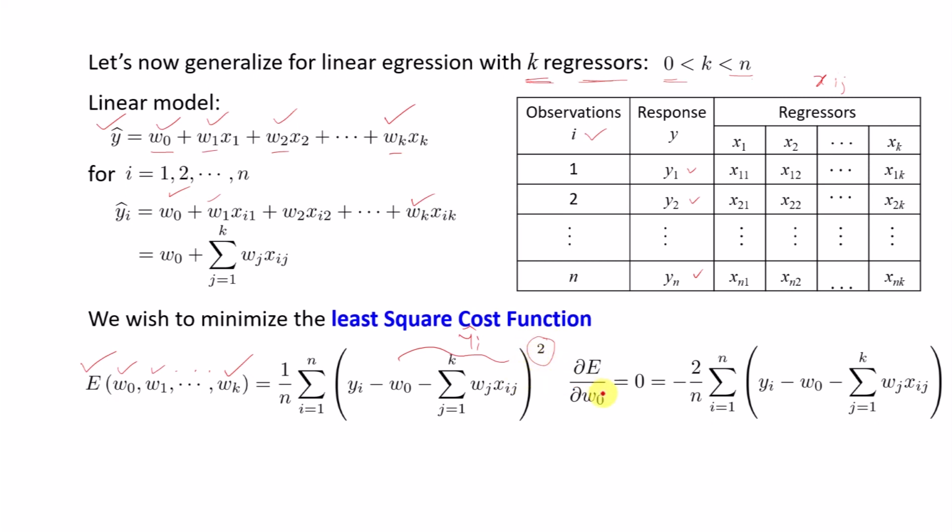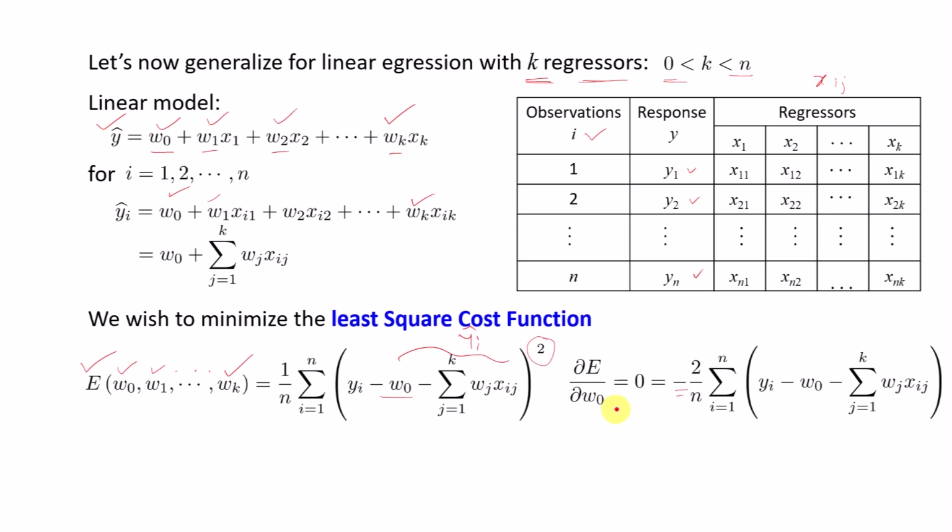And then with respect to w naught, I have negative w naught inside. So it will bring a minus sign here. So minus 2 by n, and whatever there is in the first bracket, it will remain there. Only the square will go away. So that gives me del E del w naught.